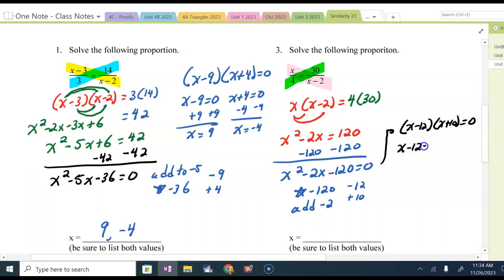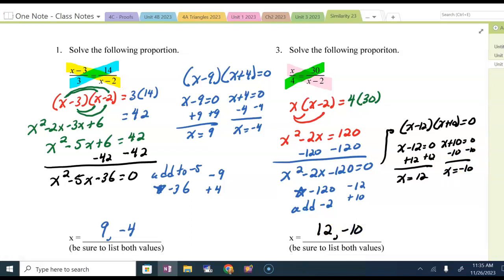Set both parts equal to 0. Add 12, and we'll get x is 12. And on the other side, we'll subtract 10, and we'll get x is negative 10. So the answers to problem number 3 are 12 and negative 10.